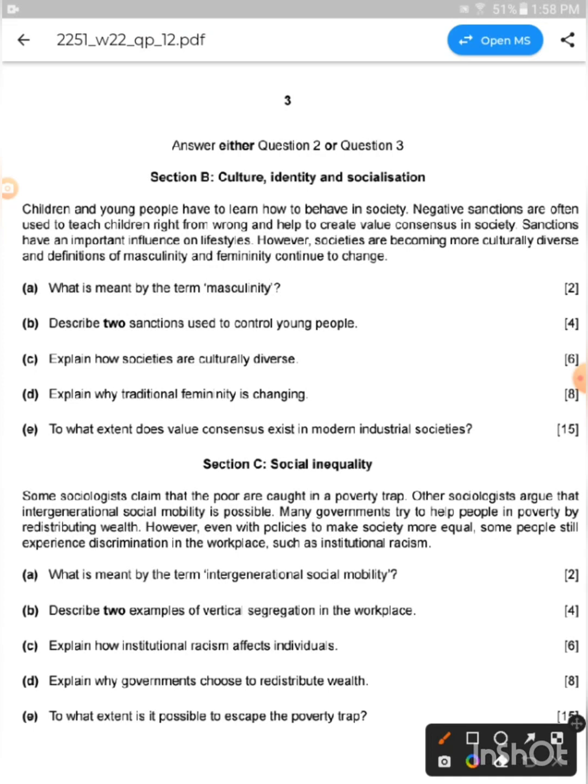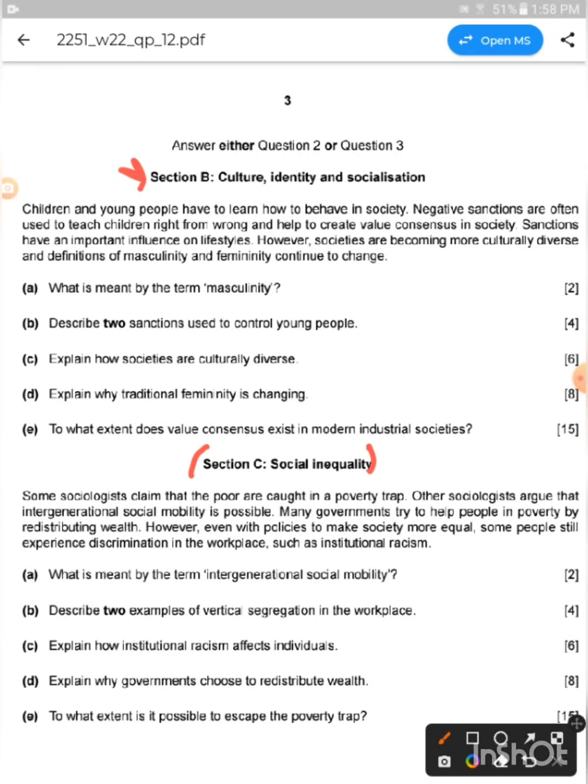According to my observation, students find section B much easier than section C. Section C is a bit technical in concepts, whereas section B relates to things within our surroundings, within our culture. So they find section B a bit easier.